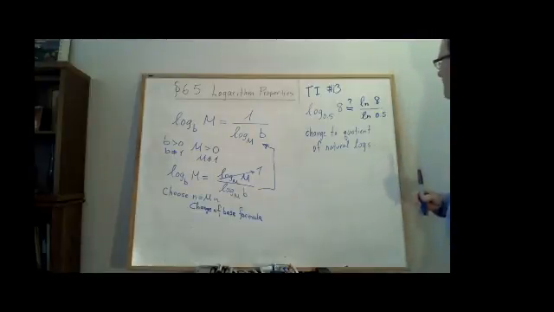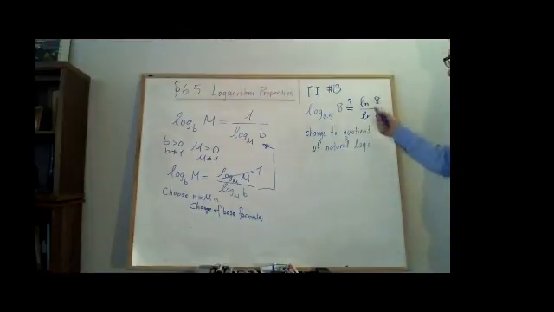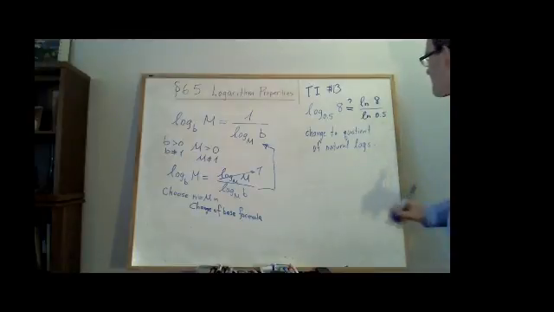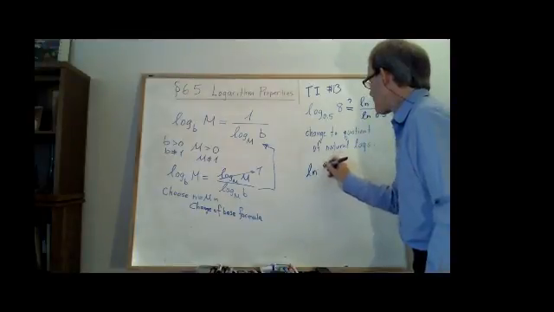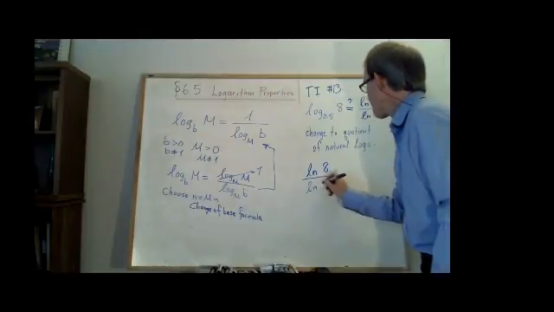That's what we would get using the change of base formula. Then we can calculate this using our calculator if we wish, if we have the natural log function on it. But in this case, I think we can go further. Let's see how we can go further without using a calculator.